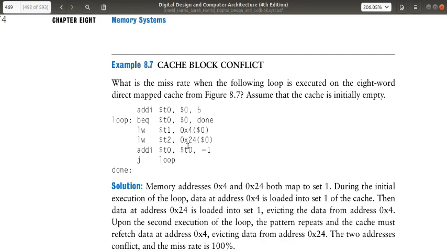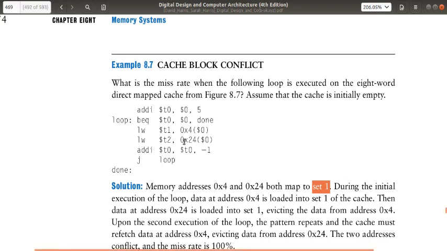To find the miss rate, we have to see how many misses are there out of 10. If you look at 0x4 and 0x24, when you convert them into binary and take the set bits, you will come to know that both of them map to set 1.